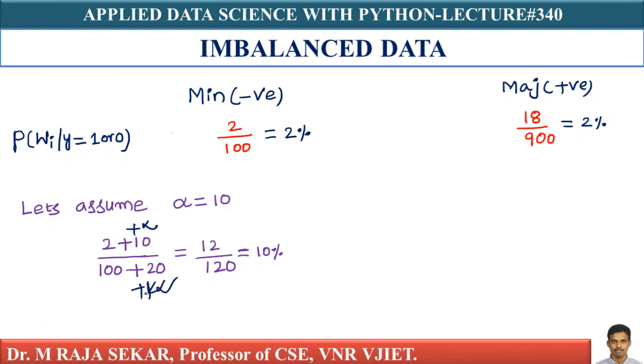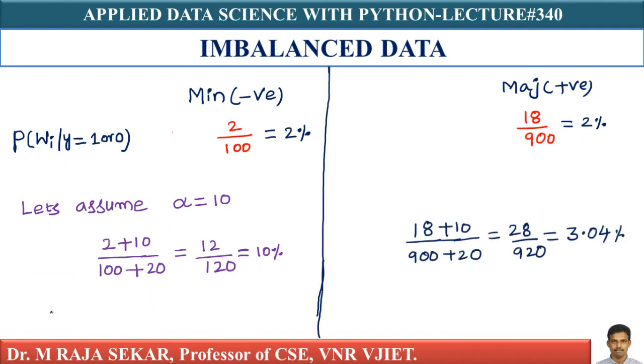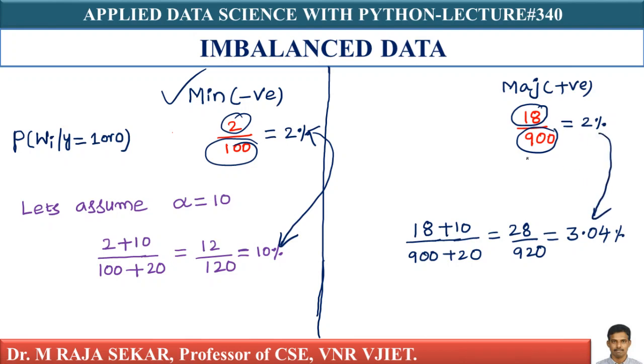as we discussed in our previous lectures, isn't it? This is for the minority class. What about the majority class? Even there I am adding alpha and k alpha. If you observe this, using the same alpha, since numerator and denominator are smaller, here the 2% becomes 10%. In the case of the minority class, the numerator and denominator are small, whereas in the case of the majority class, where the numerator and denominator are big, this 2% is changed to 3.04%.